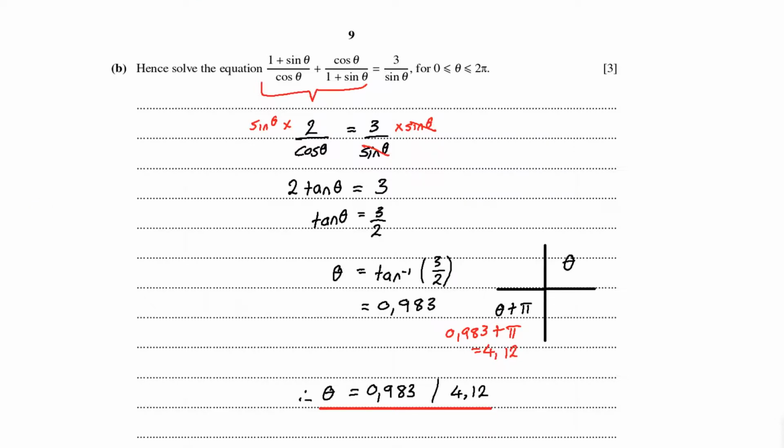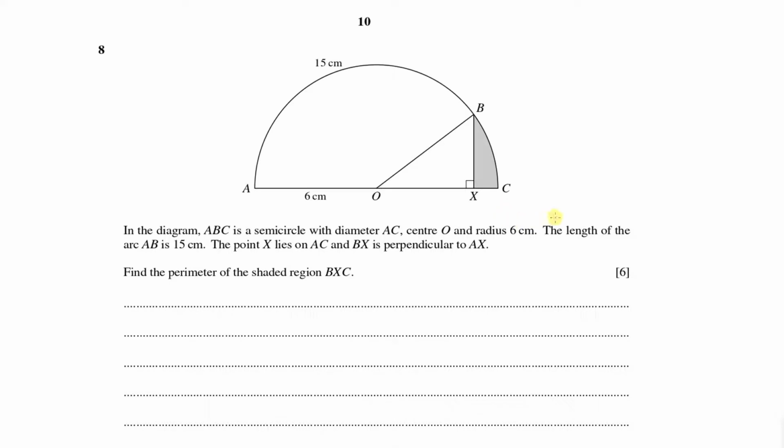Let us now go to the next question. Question number 8 goes, in the diagram, ABC is a semicircle with diameter AC and center O and radius 6 centimeters. The length of the arc AB is 15 centimeters. The point X lies on AC and BX is perpendicular to AX.